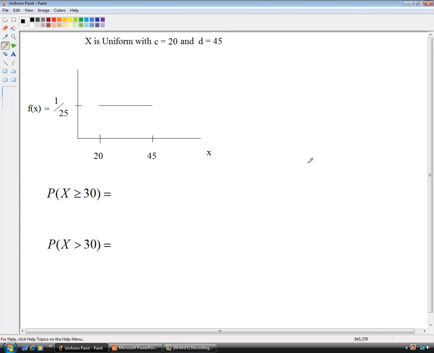So the area of a rectangle is base times height. Now, the distance of the base is the distance between 20 and 45, and that is equal to 25. And the height is this 1 over 25.